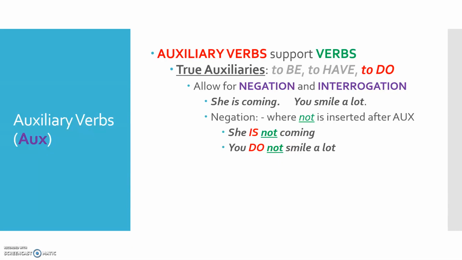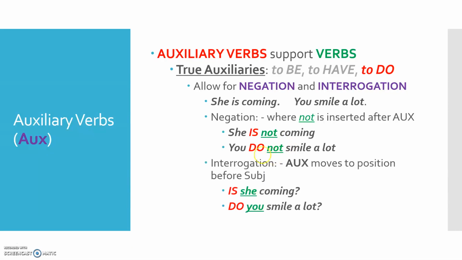affirmative statement there. Okay, for interrogation then, to turn it into a question, how do we make questions in English? How do we create a question or interrogation structure? We find the auxiliary verb, and then we have to move the auxiliary verb to the position in front of the subject. So she is coming becomes is she coming, where the auxiliary verb just moves to the front.